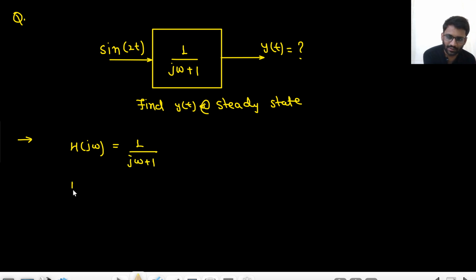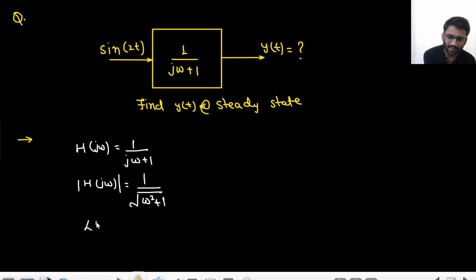So what is the magnitude? That is 1 upon root of omega square plus 1.